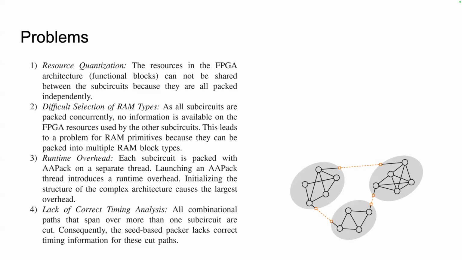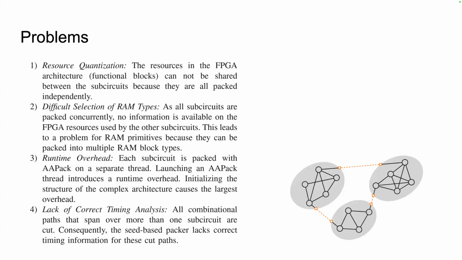And so each VPR instance thinks, okay, I have 100 M9Ks, and I can only use like 15 of them with the subcircuit I have. So everything gets assigned to the M9Ks. But then you add all these 10 VPR instances together and then you run out of M9Ks. So that's something they need to take care of.